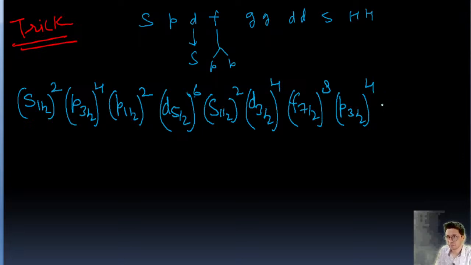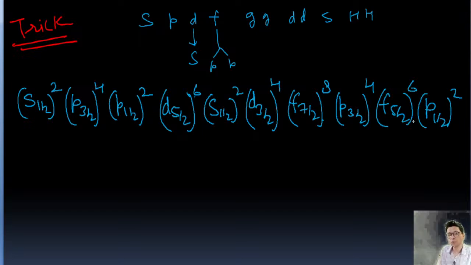And then F 5/2, which has 6 electrons. Then P 1/2, and there would be 2 electrons.